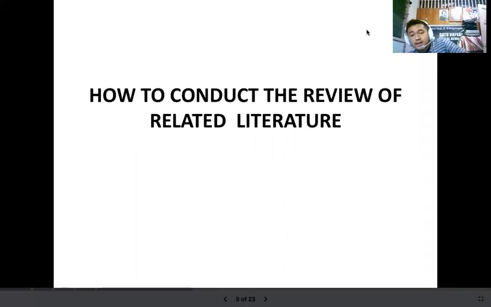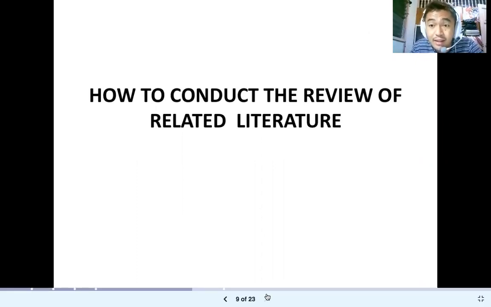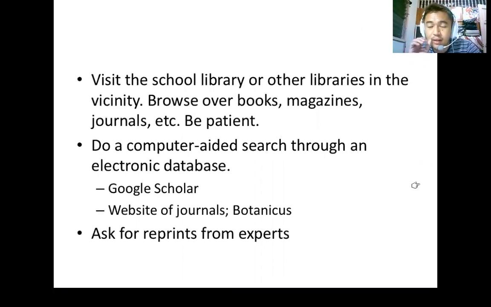Now, if you're asking how we'll be able to conduct the review of related literature, or what are the ways for you to get the information that will be included in your RRL? You have to visit the school library or other libraries in the vicinity. What I mean here is the printed documents that you have to include in your RRL.